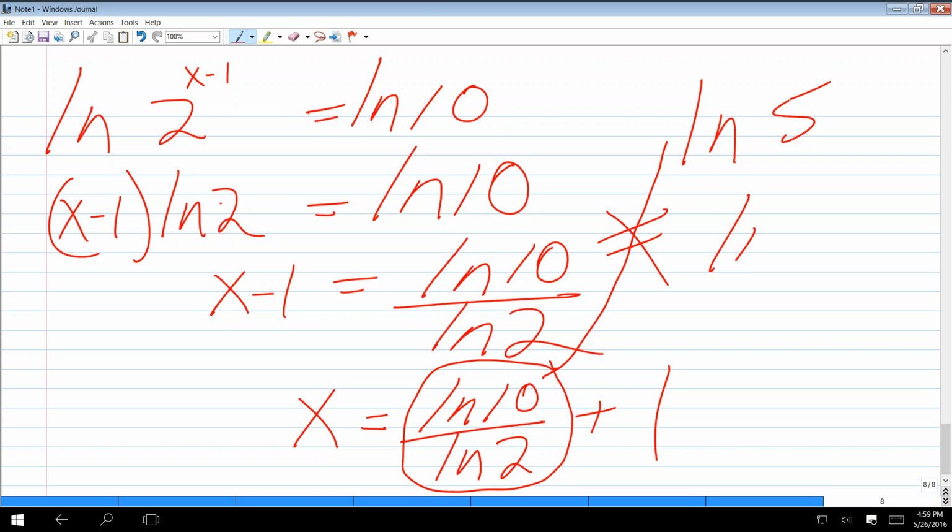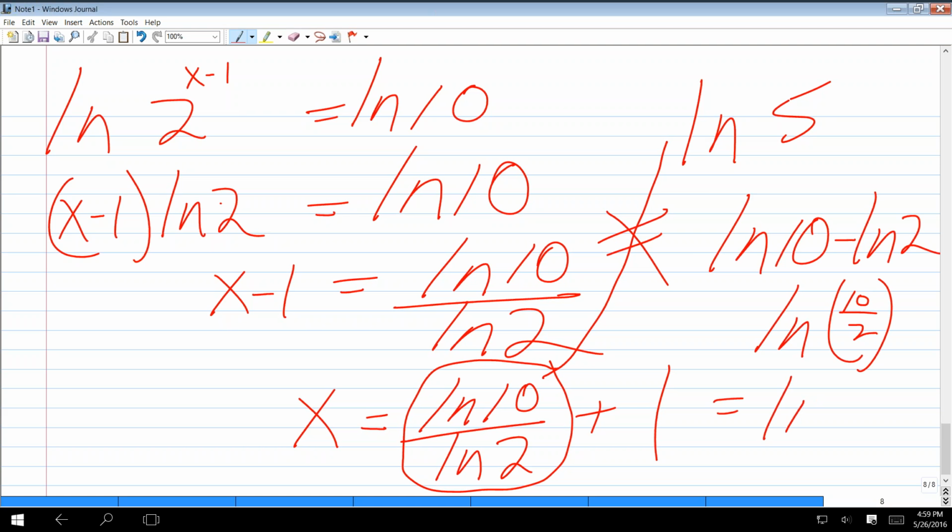If I had the natural log of 10 minus the natural log of 2, that is equal to the natural log of 10 divided by 2, which would be equal to the natural log of 5. But if I have natural log of 10 divided by natural log of 2, I can't simplify that. 3.3219, blah, blah, blah. Whatever it is.